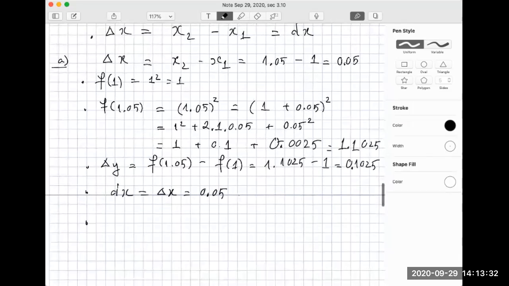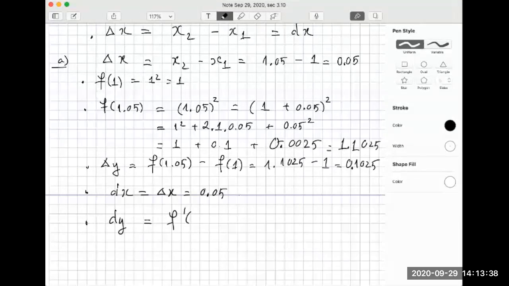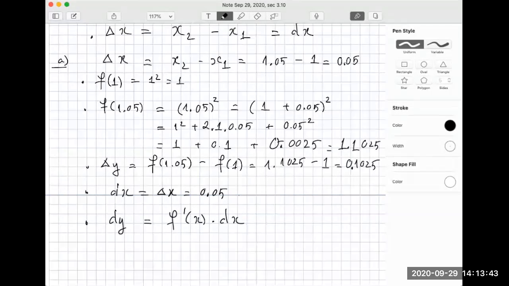So we need to compute dy, which is f prime x times dx, right? In general, f prime here, where the function f of x is x squared, right? And what do we have here?